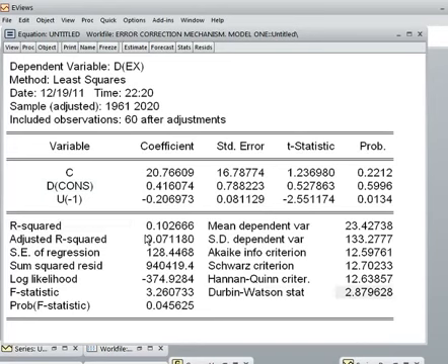But here you can see R square value is smaller than Durbin-Watson statistics, meaning that our error correction model is not a spurious model, or our error correction model is not a nonsense model. We can accept the model. All right.